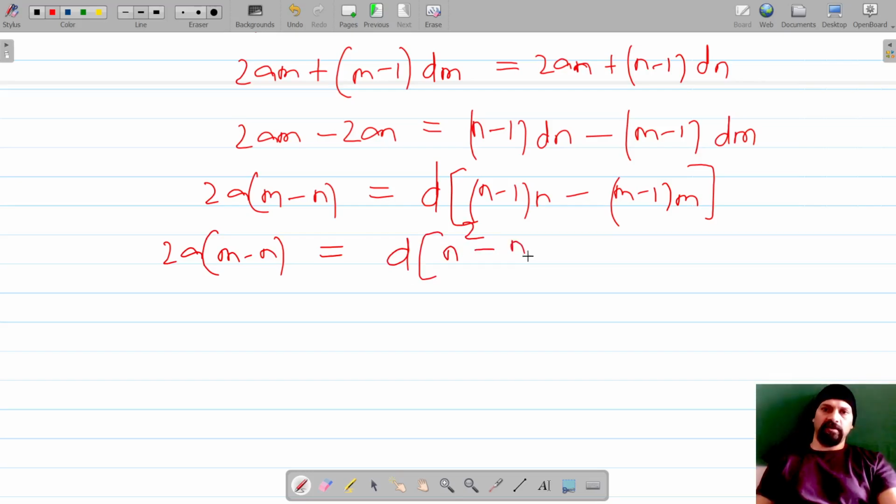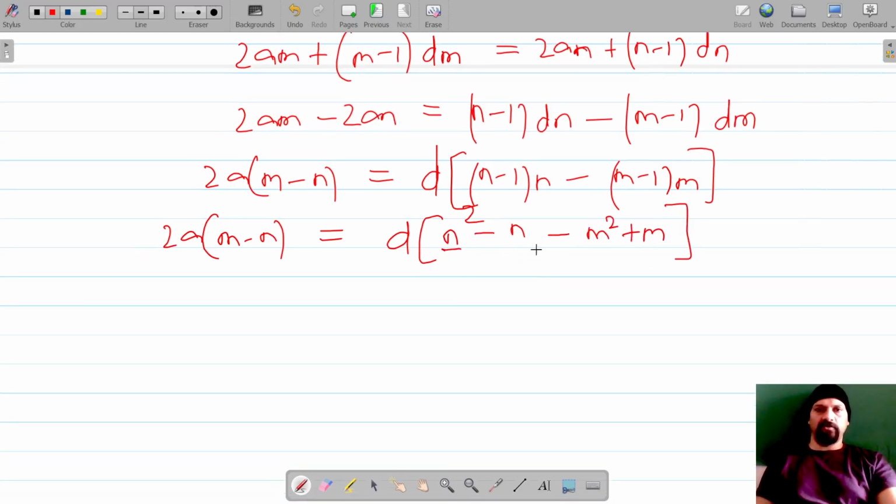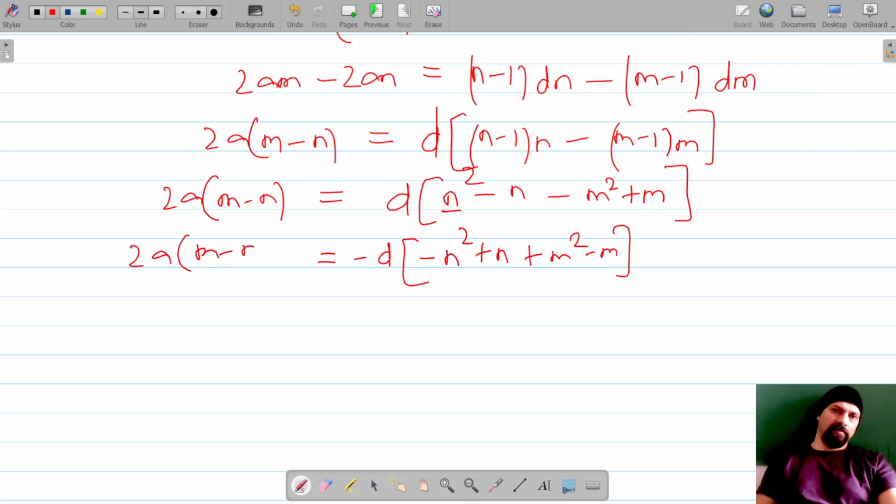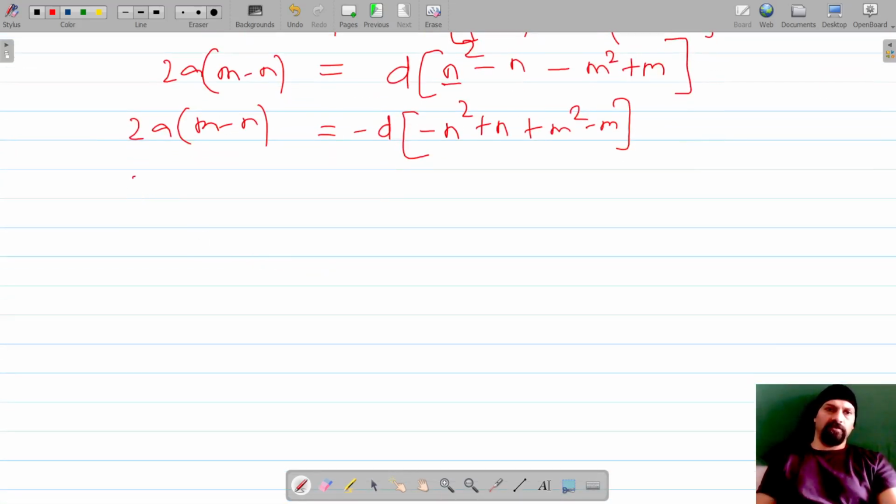This is n square minus n, and this would be minus m square plus m. Let me take the negative out, so this is negative d, and taking the negative out alters the sign for all these: m square minus m minus n square plus n. So 2a into (m minus n) is equal to negative d.